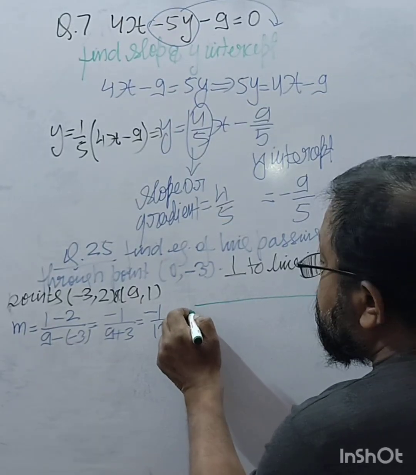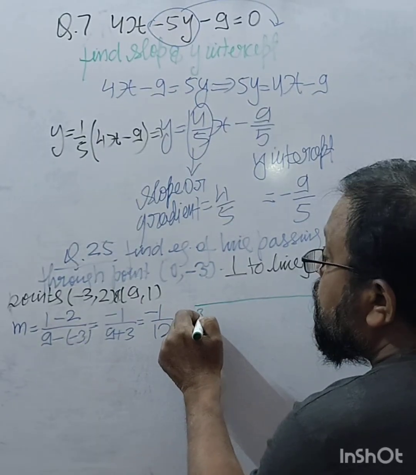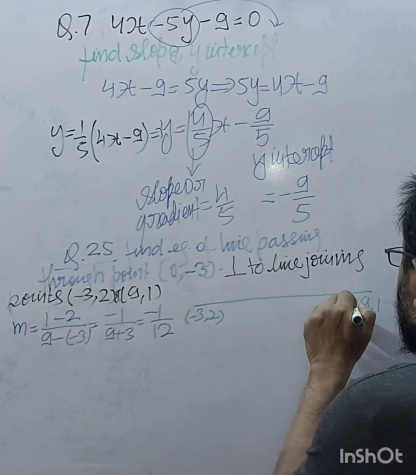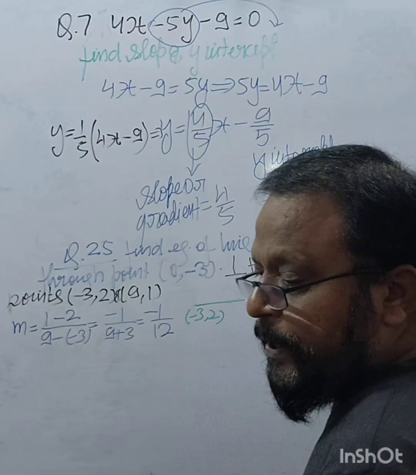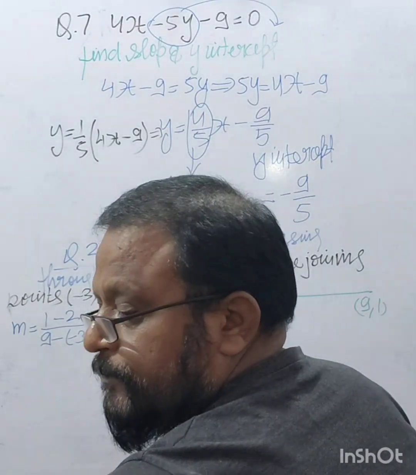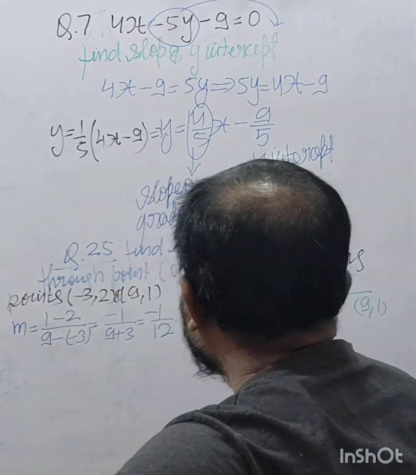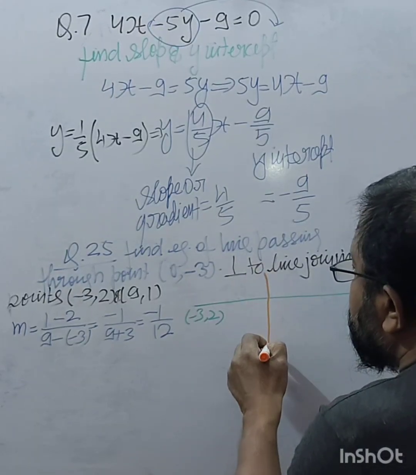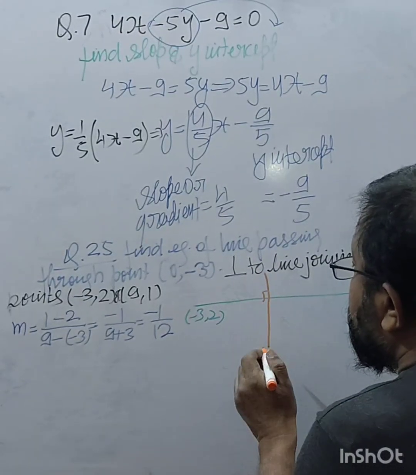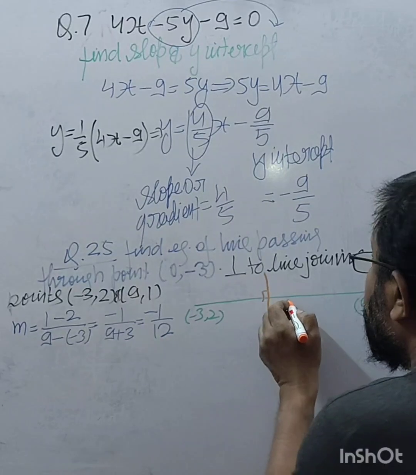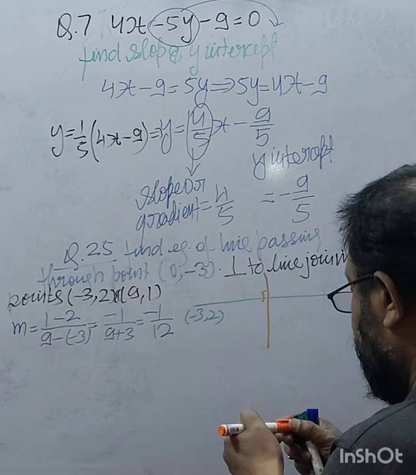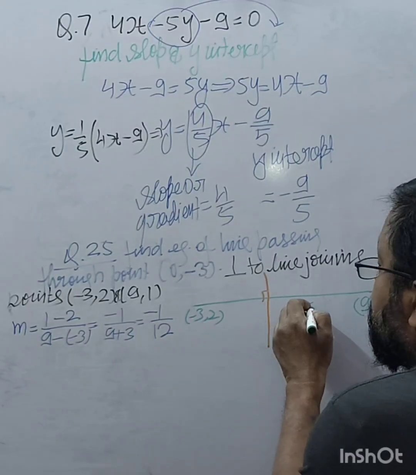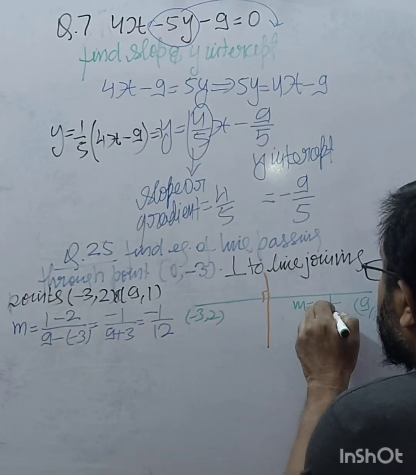And there is a perpendicular line. Right, this line is perpendicular, and the slope of the first line is m is equal to minus 1 upon 12.